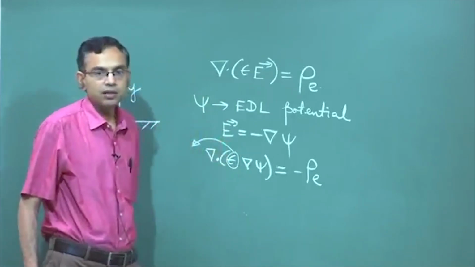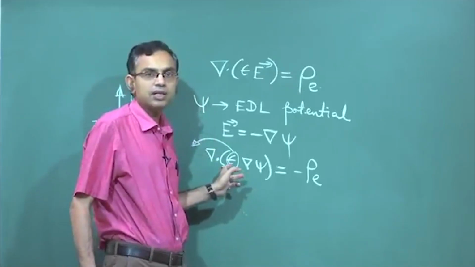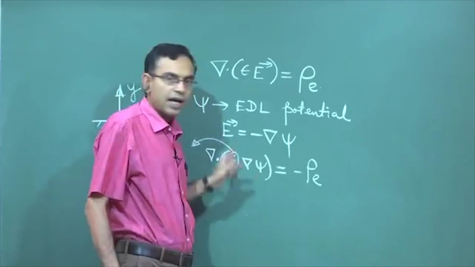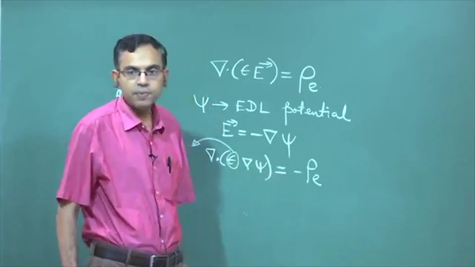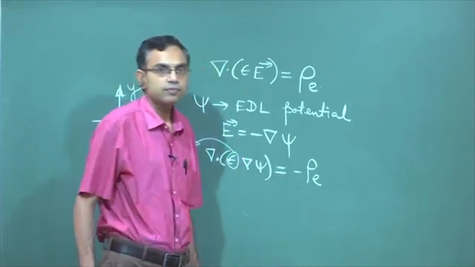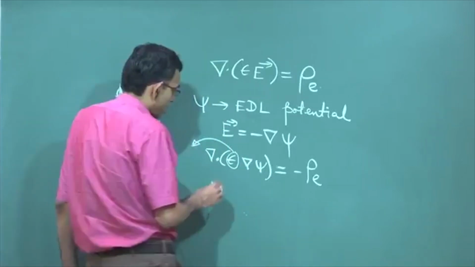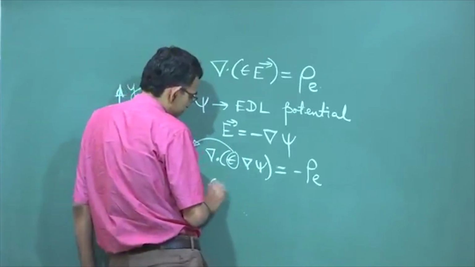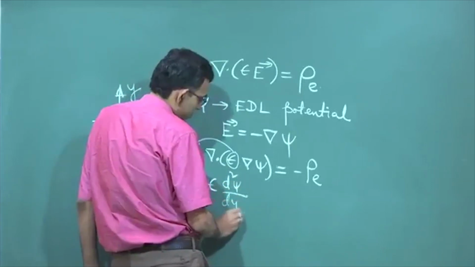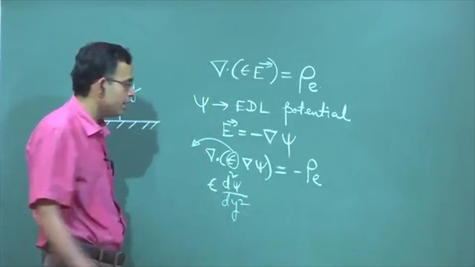Epsilon is the permittivity of the solution. Typically for an aqueous solution it is around 80 times that of epsilon naught, which is the permittivity of free space. So, with that we can write the Laplacian becomes the second derivative with respect to y.